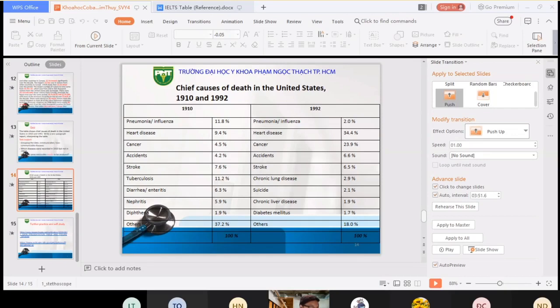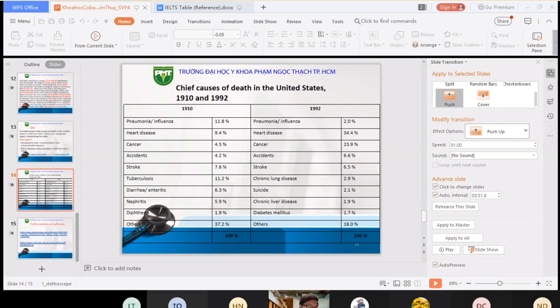And you can compare 37.2 to 11.8, make comparison. Remember to group them together. For the reasons which account for under 5%, put them together. Group them together. Under 5%, you can use a tiny percentage of.